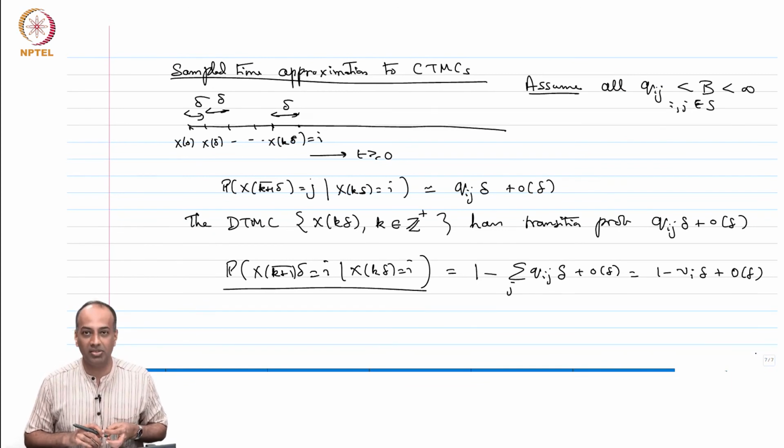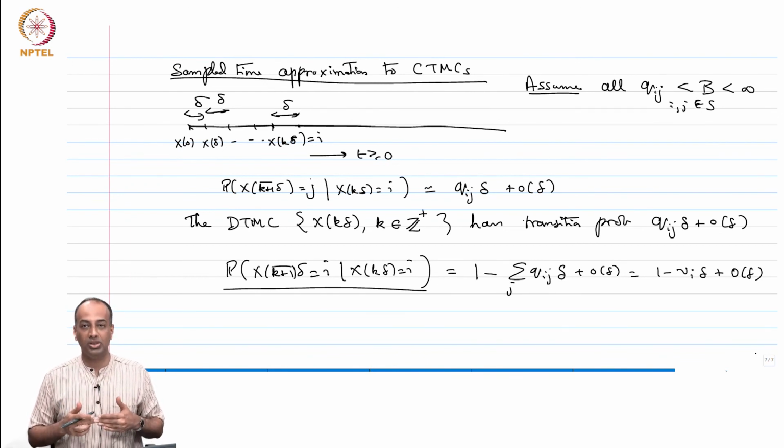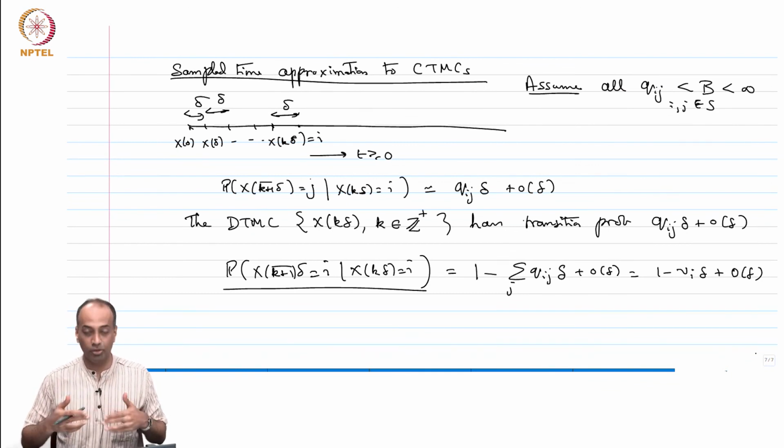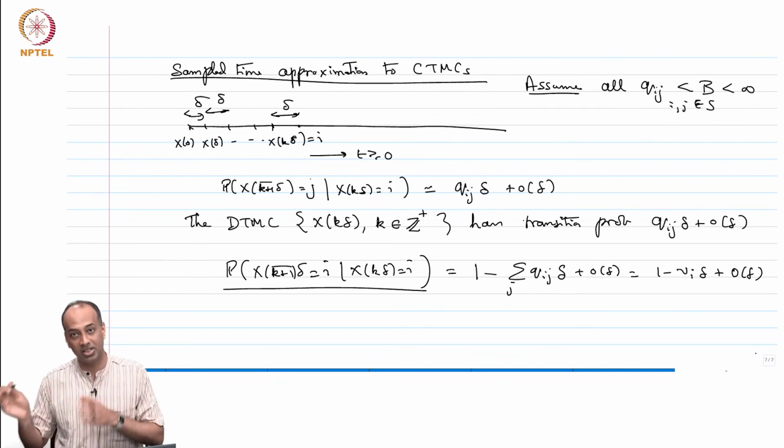In fact, we will see that if you write out the transition probabilities of this time sampled Markov chain and work out its steady state probabilities, you will get the average fraction of time spent in state i, okay. If you solve for the steady state probabilities of this particular transition probability matrix on the screen, you will get the fraction of time spent in state i.